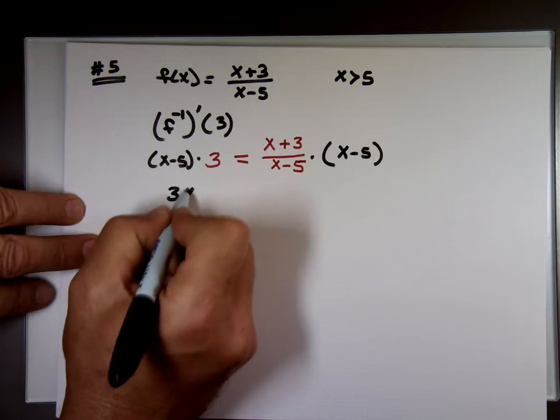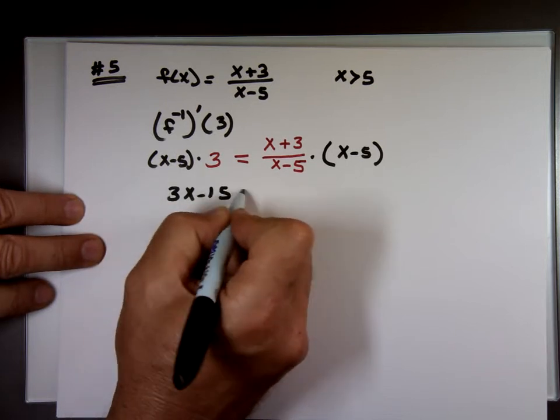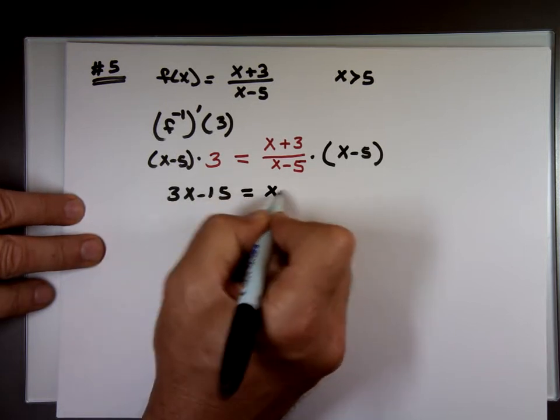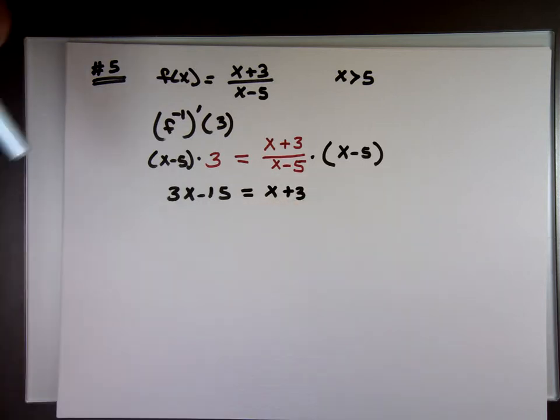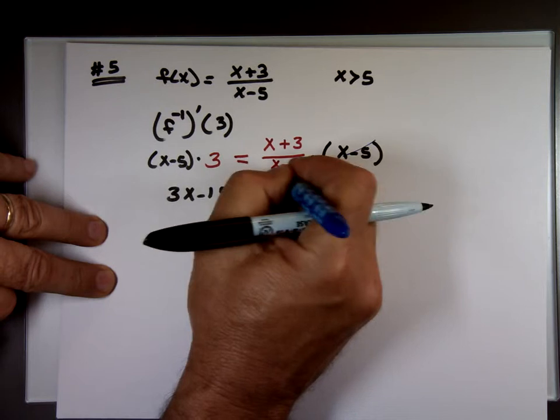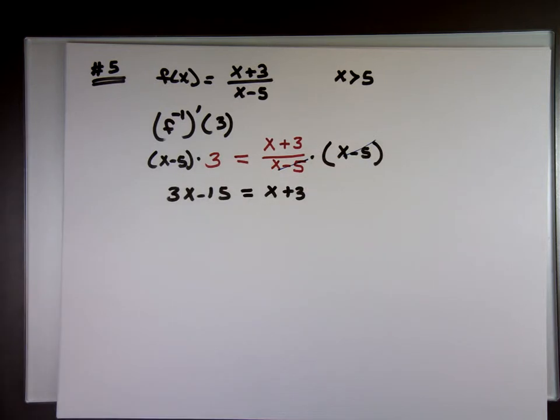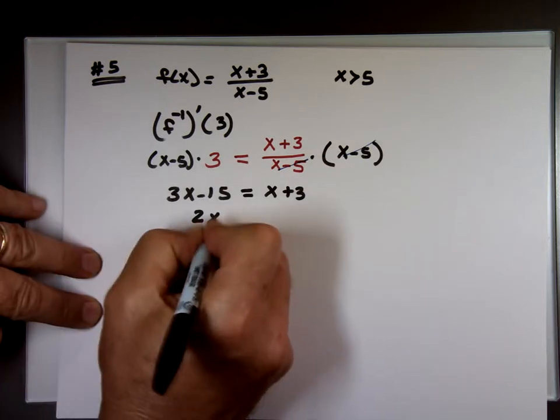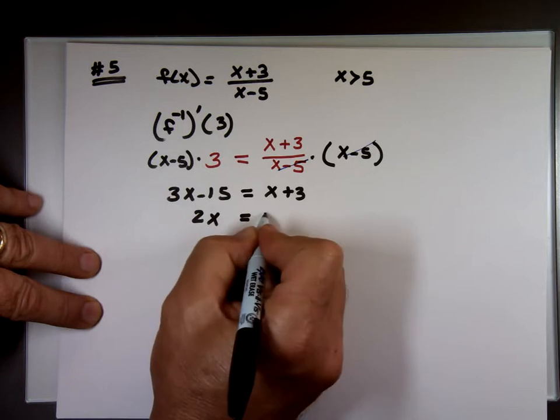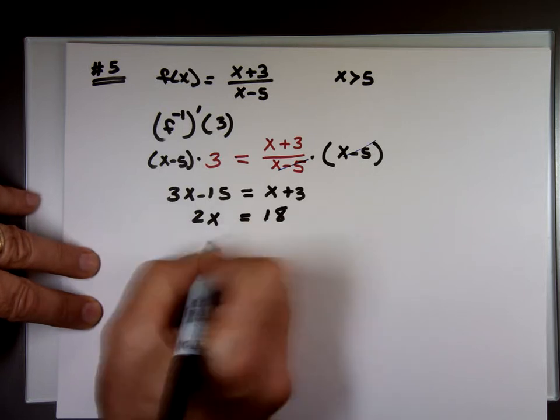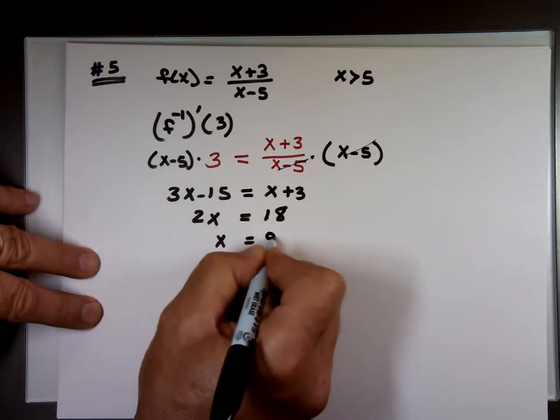Three x minus 15 equals x plus 3. All the x's on one side, all the numbers on the opposite side. 2x equals 18. X will have to be 9.